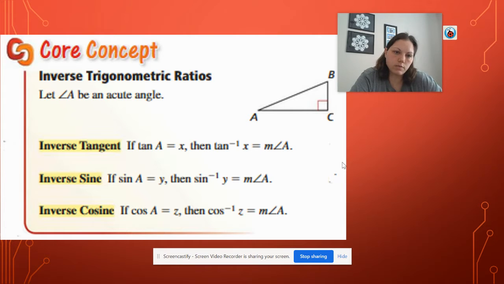The inverse tangent: if tangent A equals x, then tan inverse of x equals the measure of angle A. And if sine A equals y, then the inverse sine of y equals the measure of angle A. Inverse cosine: if the cosine of A equals z, then the inverse cosine of z equals the measure of angle A.